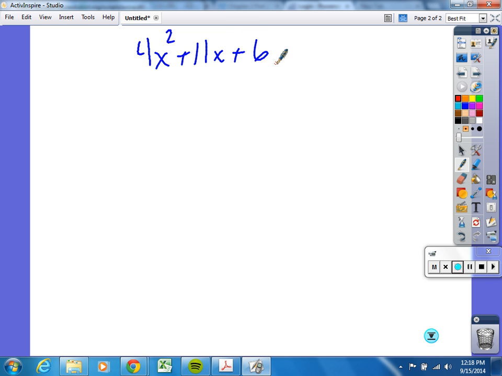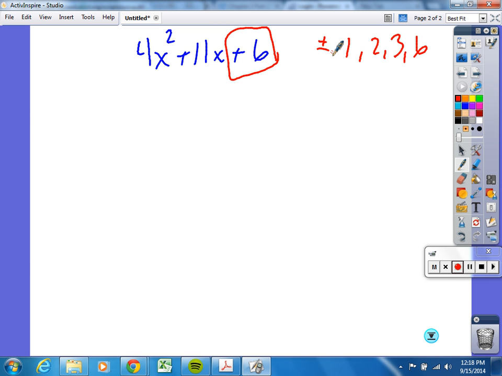So what you're going to do is take the constant. What are the factors of the constant? 1, 2, 3, 6, right? Now we don't know whether that was -1 and -6, so what we do is put a plus or minus. Does that make sense? Because I didn't know if it was -2 times -3, or -1 times -6, or 1 times 6.